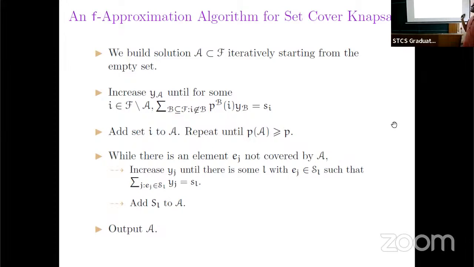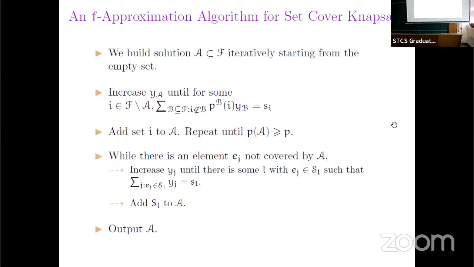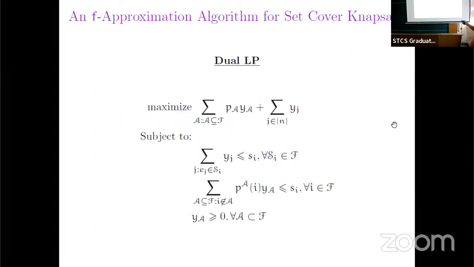Once I satisfy my profit requirement, then I look at whether I have picked a set cover or not. If not, then I use these Y_j's to satisfy my set cover requirement. That means if any element e_j is not covered by the sets picked till now, then I increase these variables Y_j.